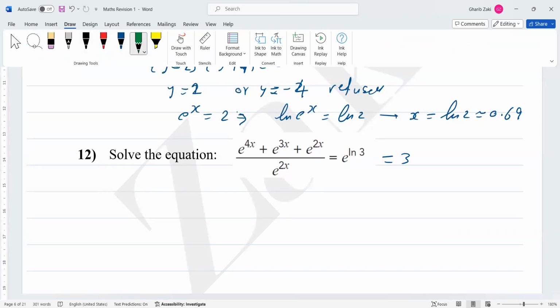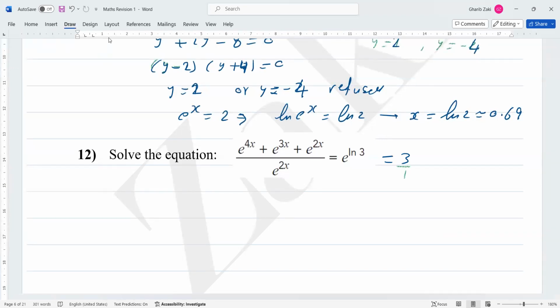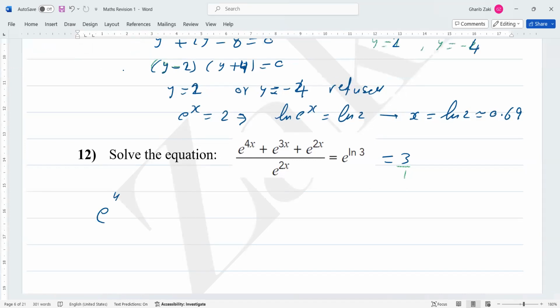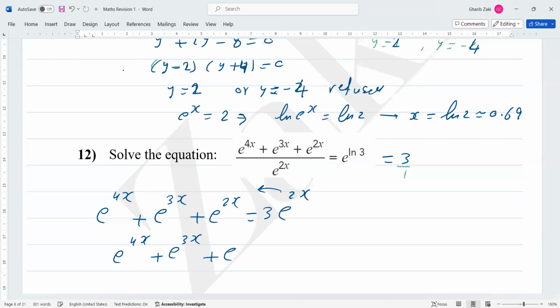So this over 1 and do scissors, cross multiply. 1 times e power 4x, e power 4x plus e power 3x plus e power 2x equals 3 e power 2x. Collect them in one side. So e power 4x plus e power 3x plus e power 2x minus 3 e power 2x equals 0.